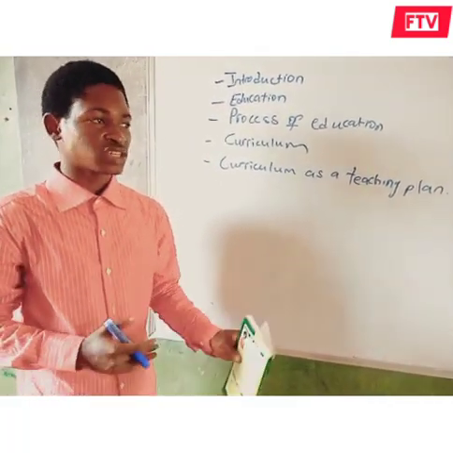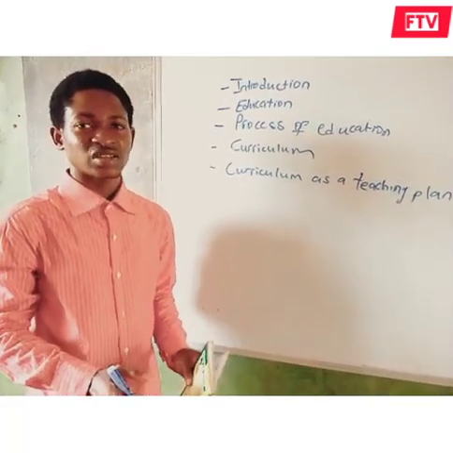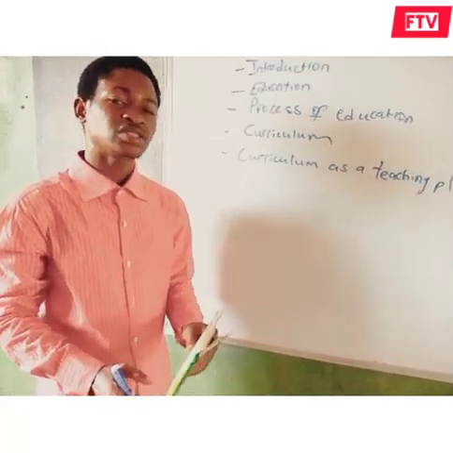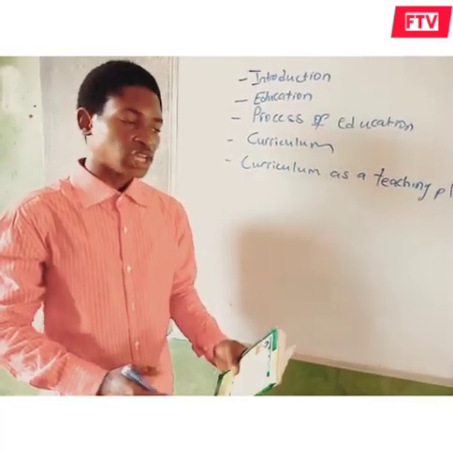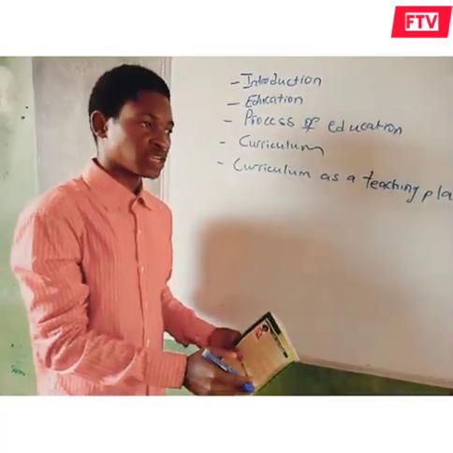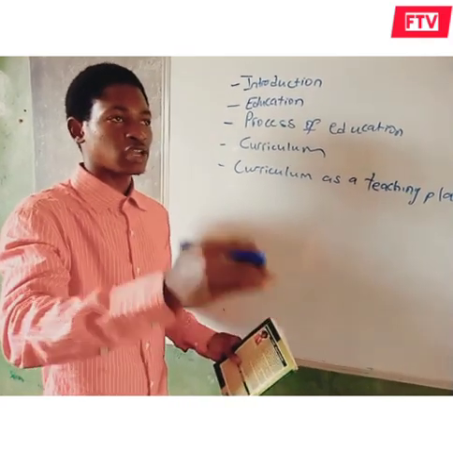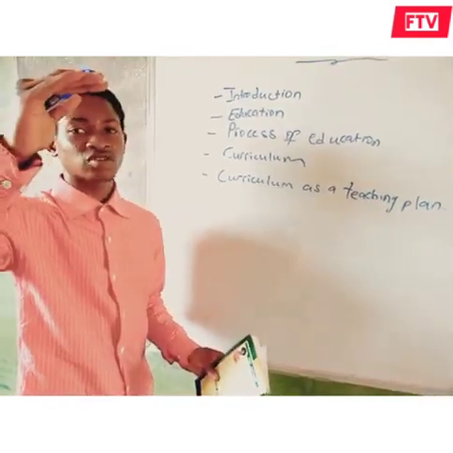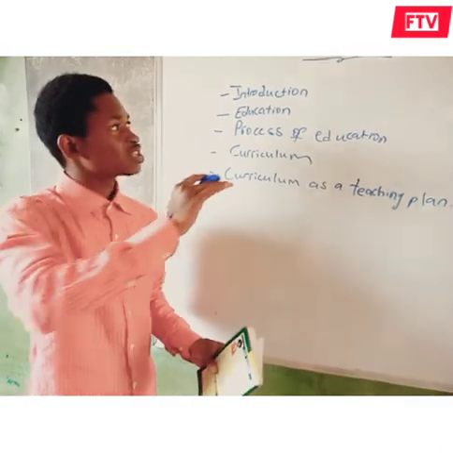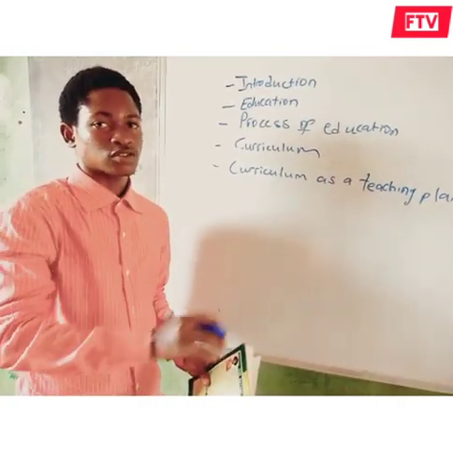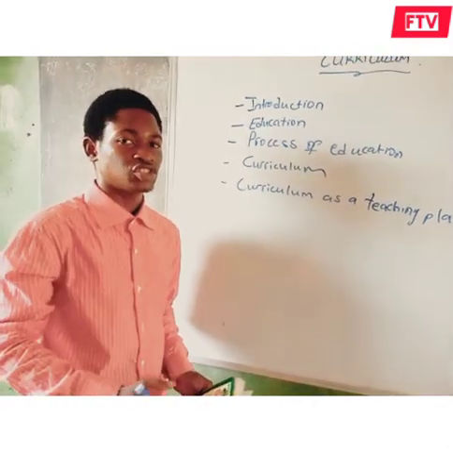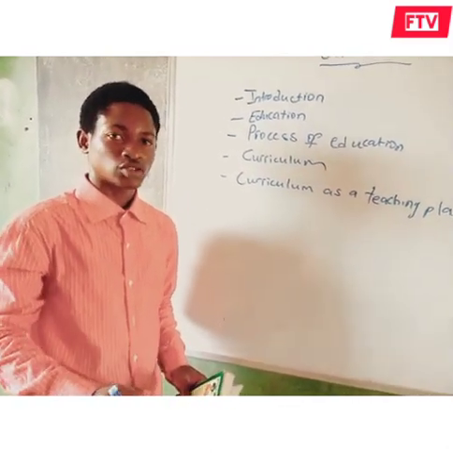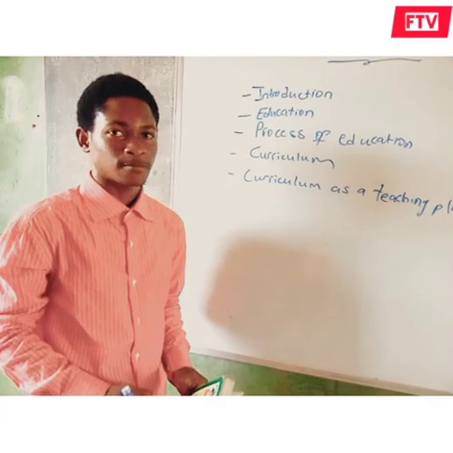There is a process, a pattern of education that helps that child to continue to grow in knowledge. Learning something today, moving to another area to learn another thing again, and again. So that is what curriculum is all about: the formal or informal way of gaining knowledge, of gaining education in the society.